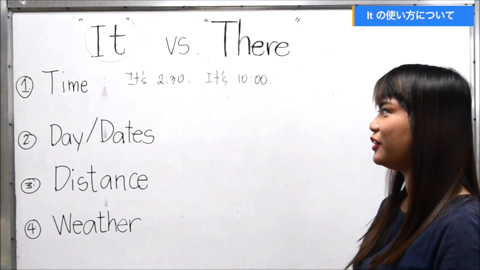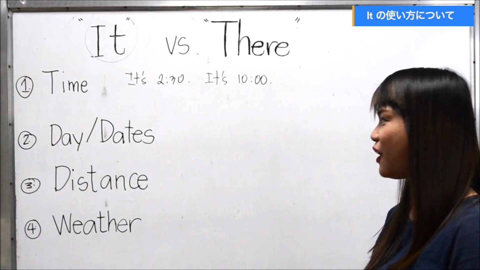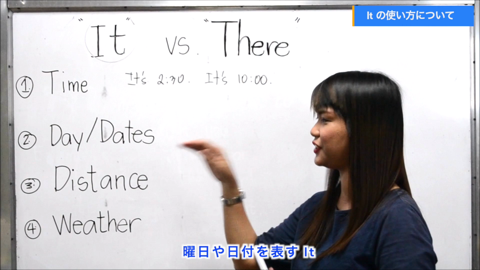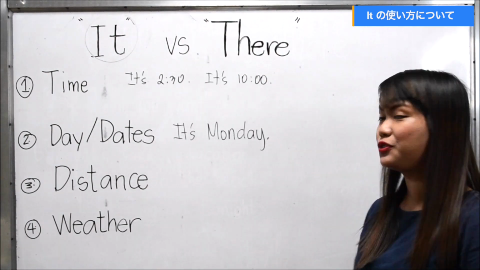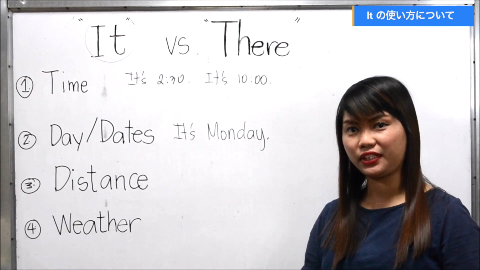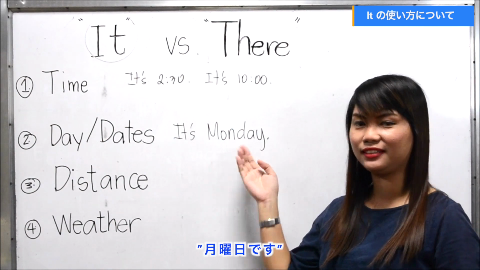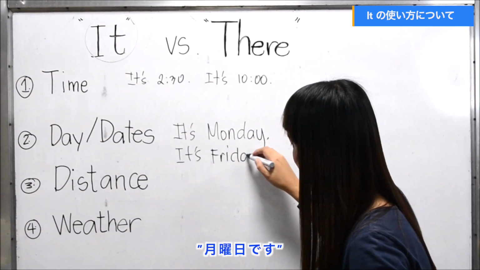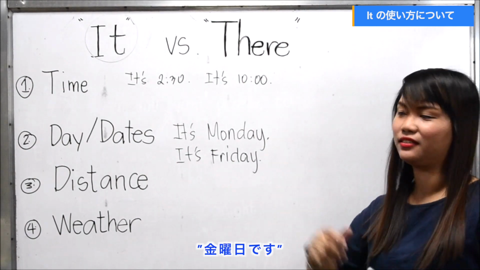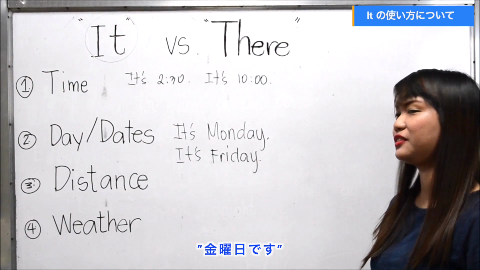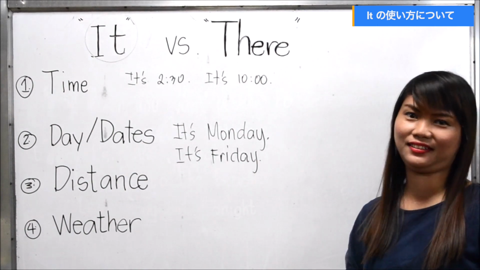Next, we can also use the word "it" to talk about the day or dates. For example, it is Monday, so you can say it's Monday. Or it's Friday. It's my most favorite day of the week. How about you?